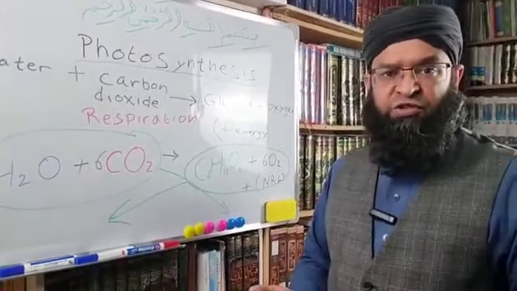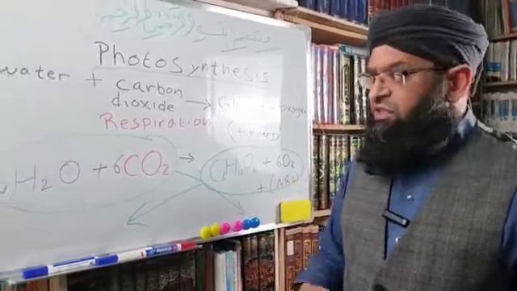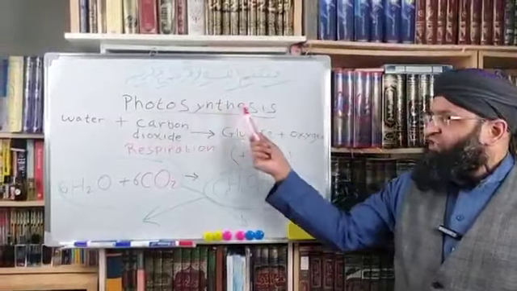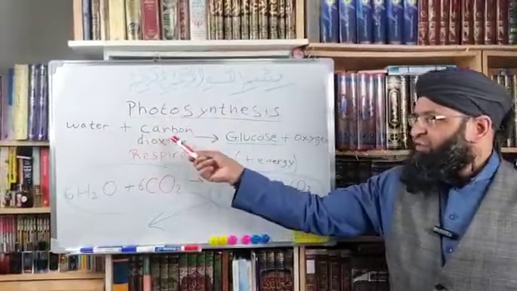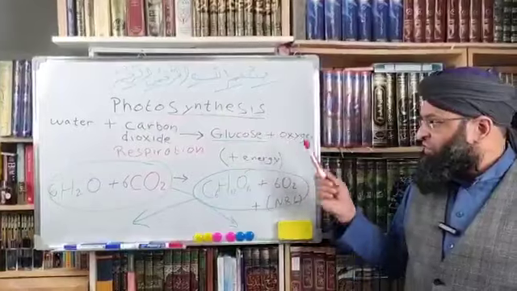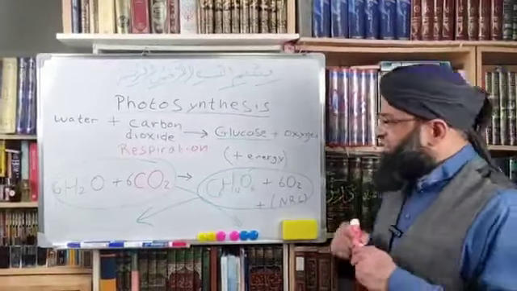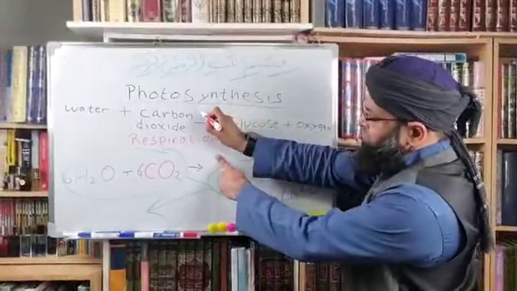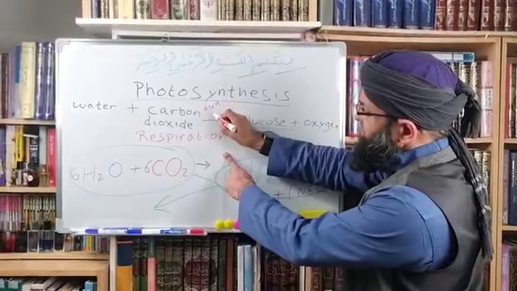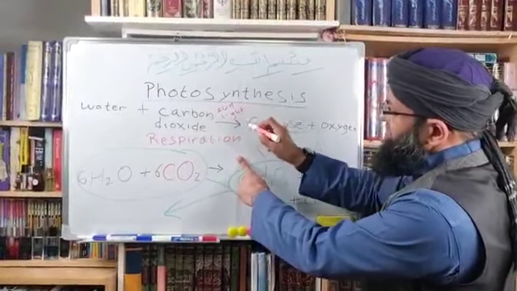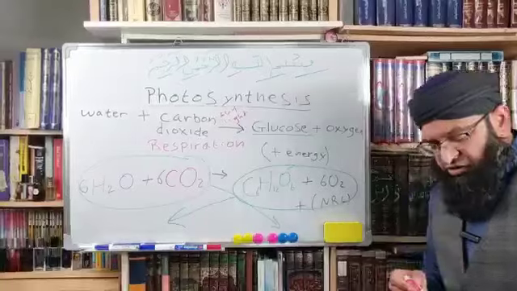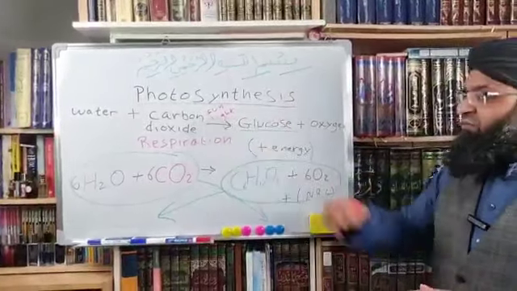So watch the video a few times, learn it, practice it. Just to recap, photosynthesis: water and carbon dioxide give you glucose plus oxygen. Now just right over here, sunlight, because photosynthesis normally works with sunlight.